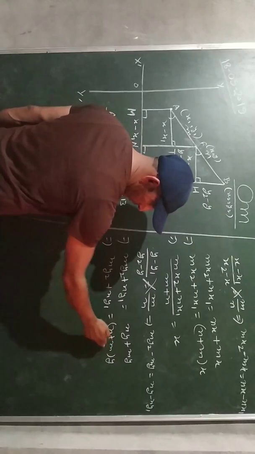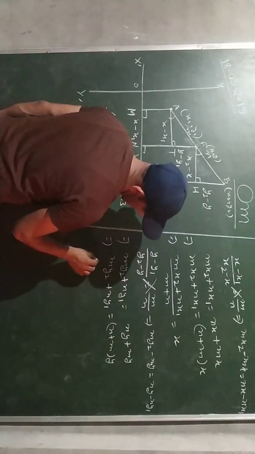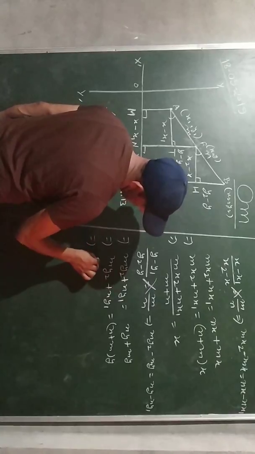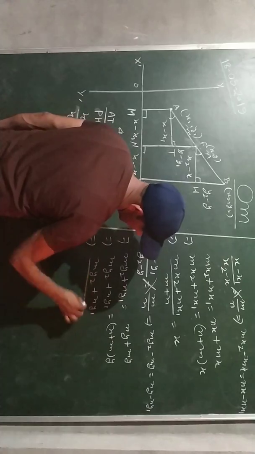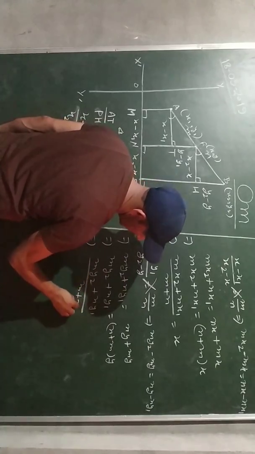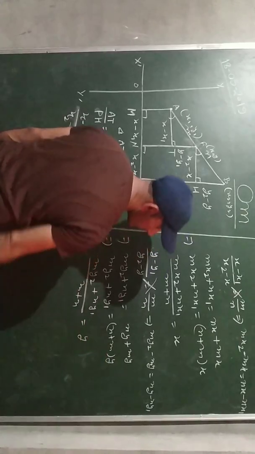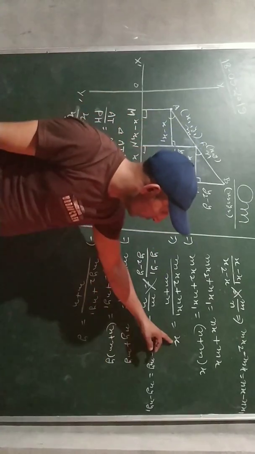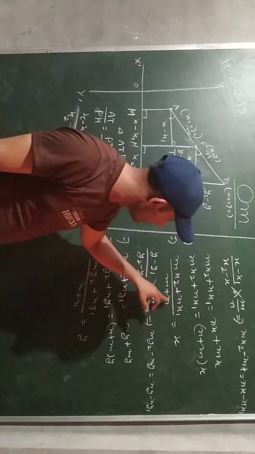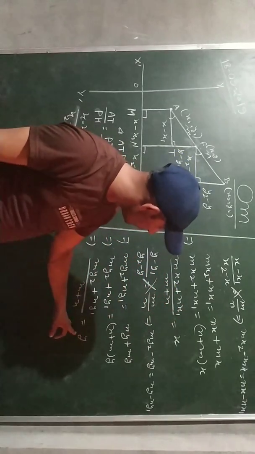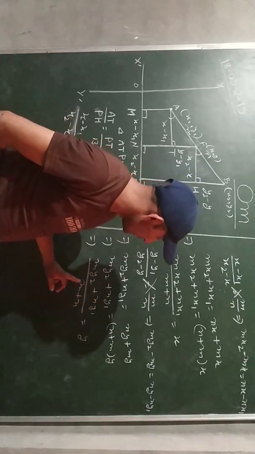Dividing both sides by n plus m, m y2 plus n y1 upon m plus n is equal to y. So the value of x is m x2 plus n x1 upon m plus n. Similarly, the value of y is m y2 plus n y1 upon m plus n.